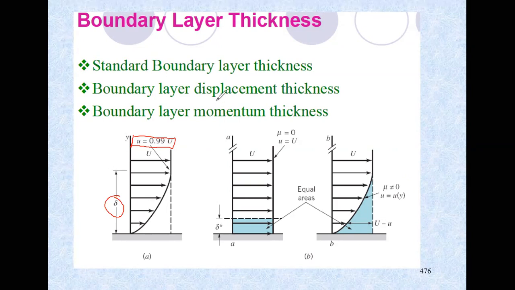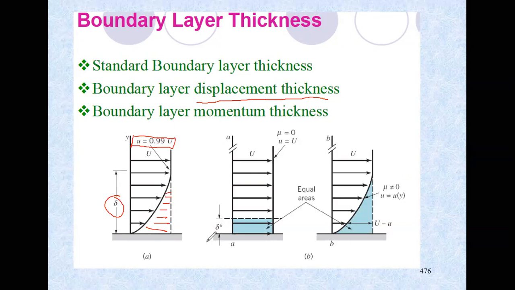We have a displacement thickness. You see it over here, you have the region over here, and if you set them into a rectangle over here, the height will be the displacement thickness.